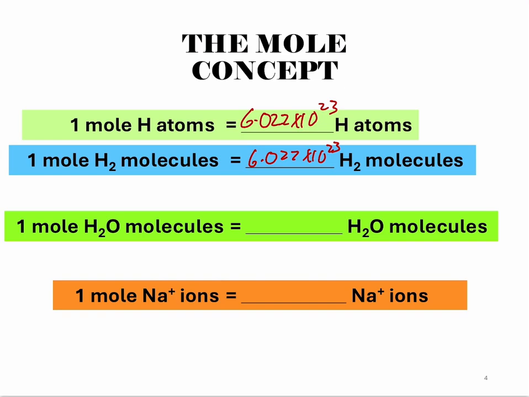If we have a mole of water molecules, how many water molecules do we have? 6.02 times 10 to the 23 water molecules. So as you see, it's easier to deal with 1 mole of it rather than writing 6.022 times 10 to the 23 of those things every single time.